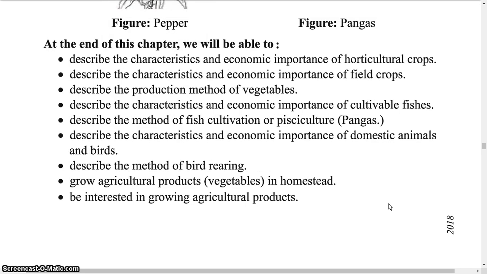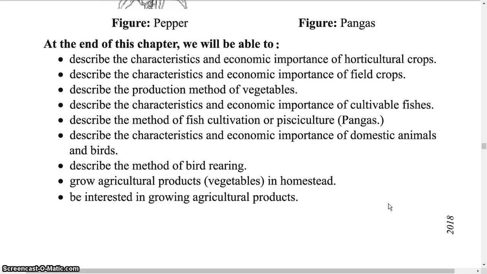At the end of this chapter, we will be able to describe the characteristics and economic importance of horticultural crops. Describe the characteristics and economic importance of field crops. Describe the production method of vegetables. Describe the characteristics and economic importance of cultivable fishes.